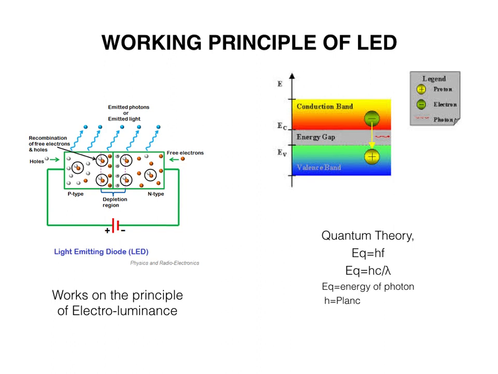The quantum theory says that when the electron comes down from the higher energy level, that is the conduction band, to the lower energy level, that is the valence band, then the energy is emitted in the form of photons. The photon energy is equal to the energy gap between these two energy levels, which is greater than 1.8 electron volt.